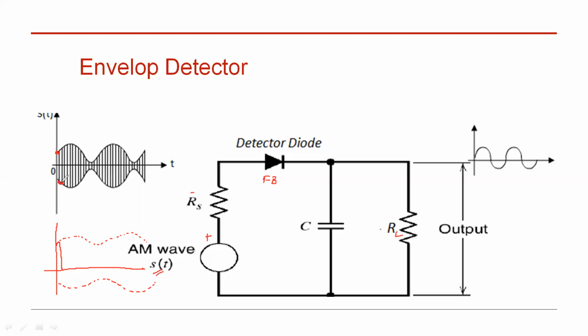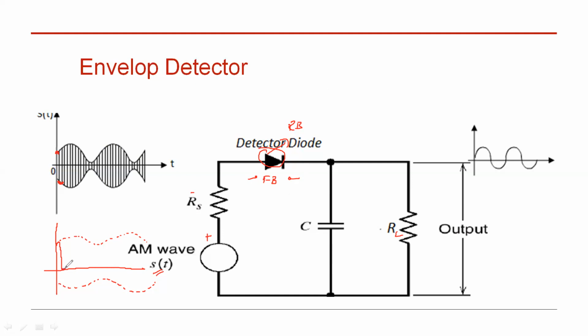During the negative half cycle of s(t), the diode is reverse biased. Whenever it is reverse biased, it acts as an open switch and there is no path for the current to flow. So that means we will not be getting output during the negative half cycle.